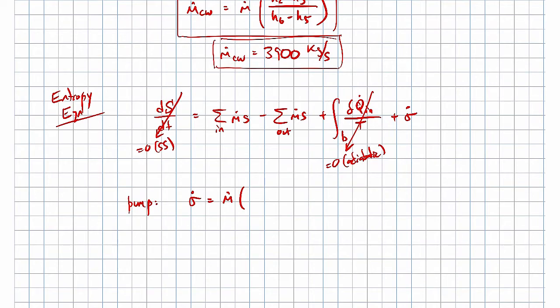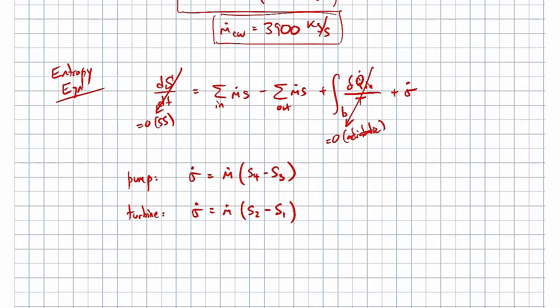So for that one, it'll be S4 minus S3. For the turbine, the sigma dot will be m dot times S out minus S in. That one will be S2 minus S1.